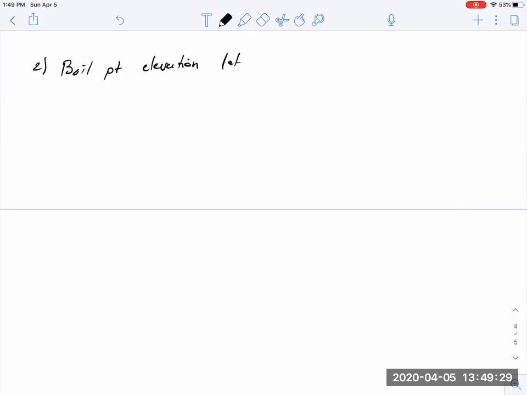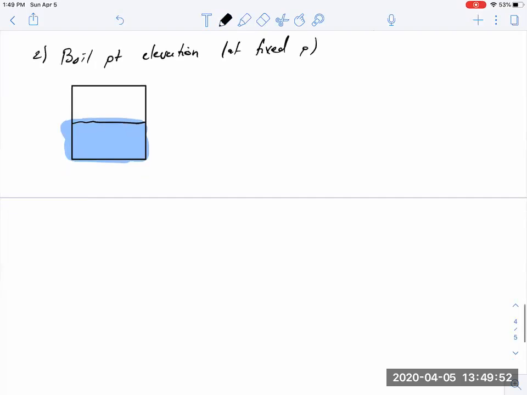Say at fixed pressure. That is the observation that if I was to take a pure solvent at some temperature and pressure, which was at coexistence, so let's call that temperature T_B star for the boiling temperature for the pure solvent.